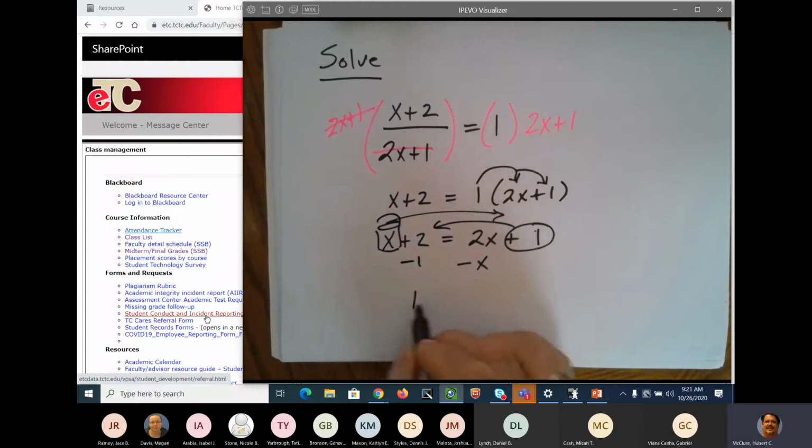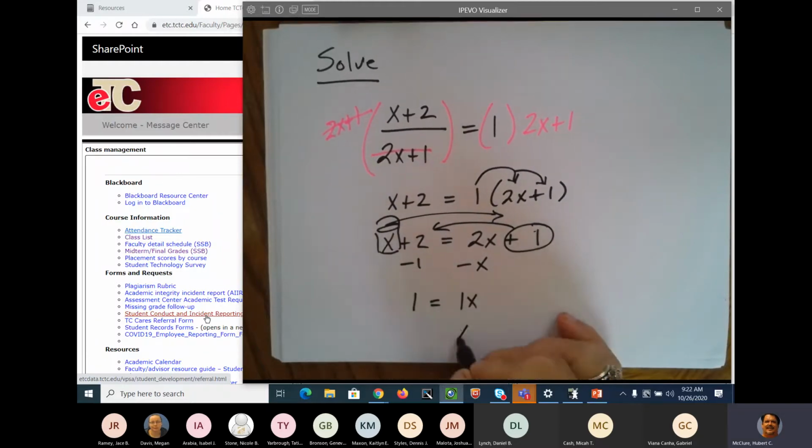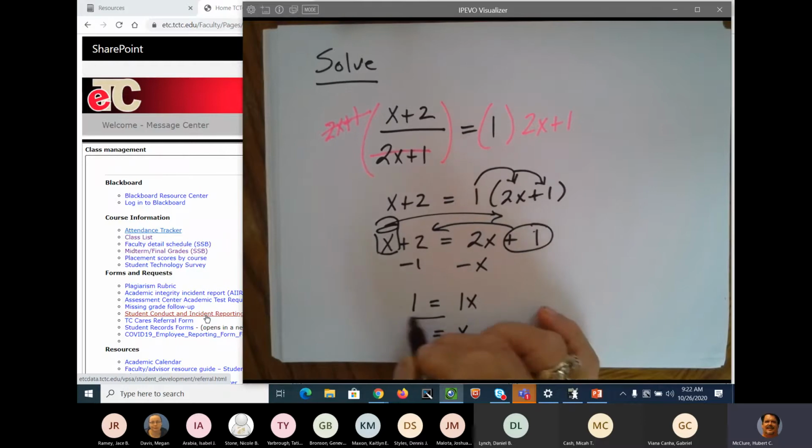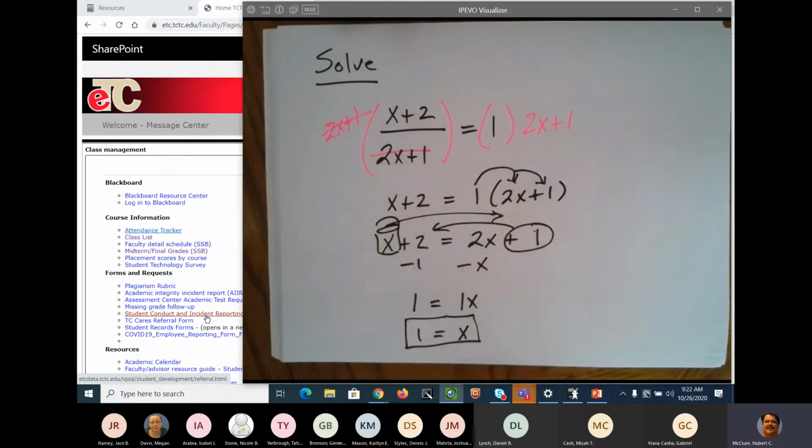That gives me 1 is equal to 1x, and x is equal to 1. We have just solved a rational equation. Not a big deal. So this is where you make sure you write down every single step so you don't go foggy at home when you're working on one of these problems on the homework.